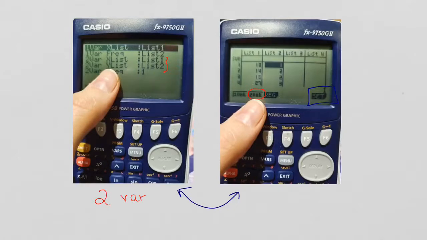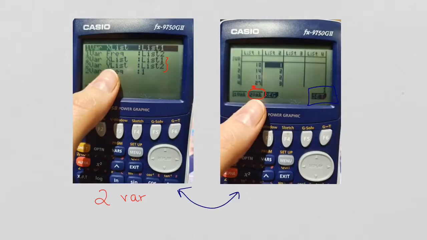If you're dealing with 2 variables, you want to be looking at the 2 variables here, and you want to select list 1 and list 2. You can ignore what's happening up here with 1 var, but for 2 var, you want list 1 and list 2 and not frequency. So you get that by selecting set.